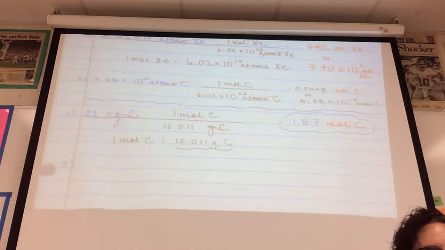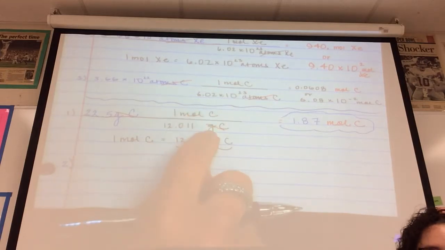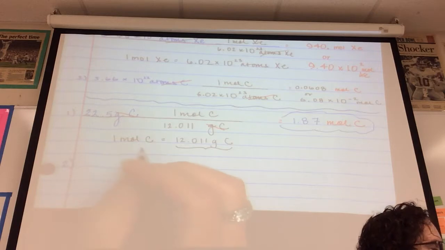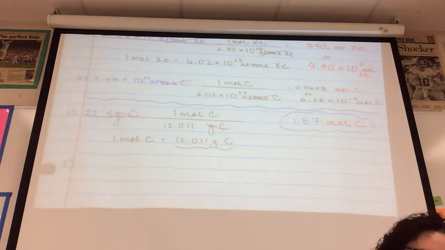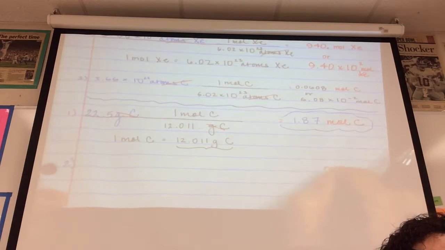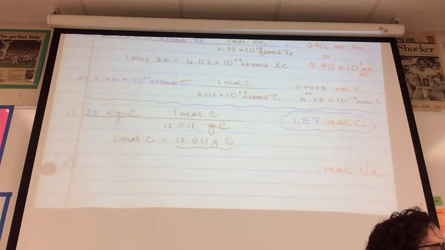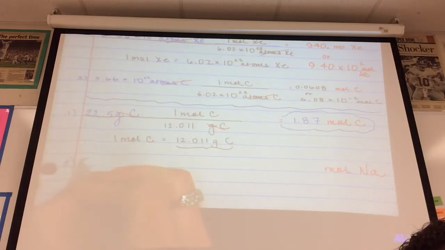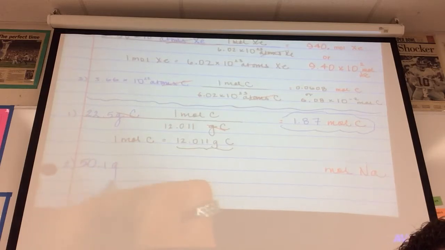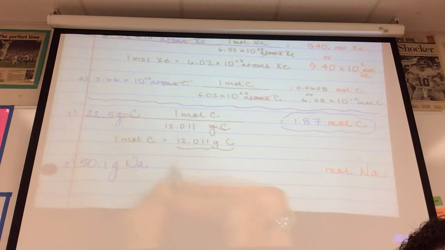Questions on the first problem? It's clear what you put where and why? All right, in number 2, it says how many moles of sodium. So I'm looking for moles of sodium. I'm given 50.1 grams of sodium.